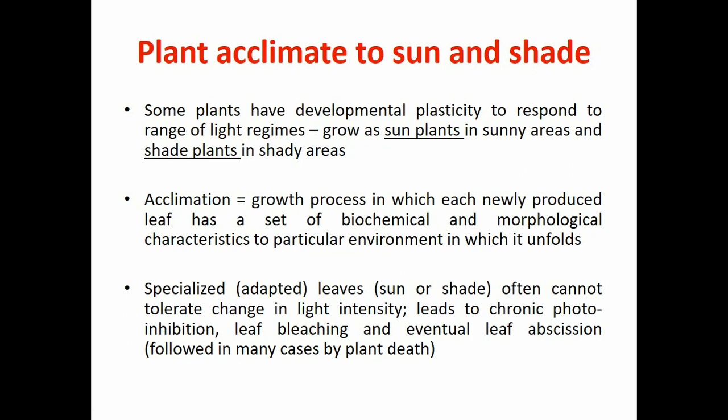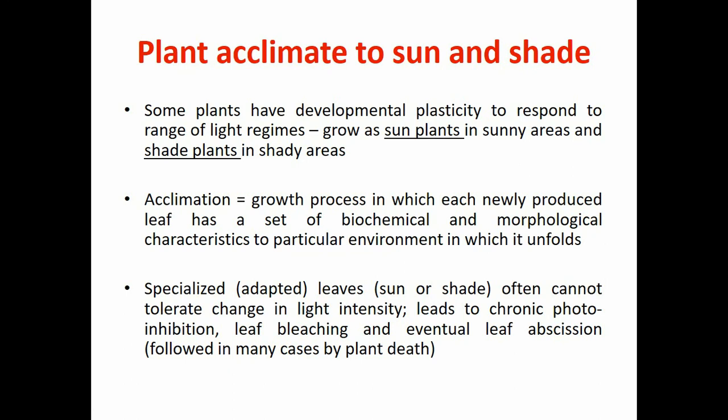If it is still reversible, it's plasticity. If it is specialized, that specific leaf or that specific plant is for sun and that specific plant is for shade, no go.